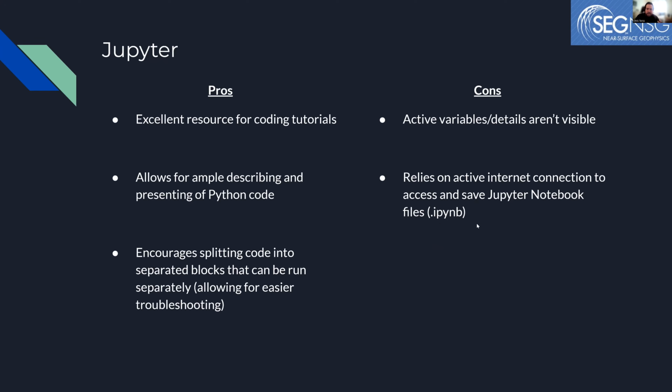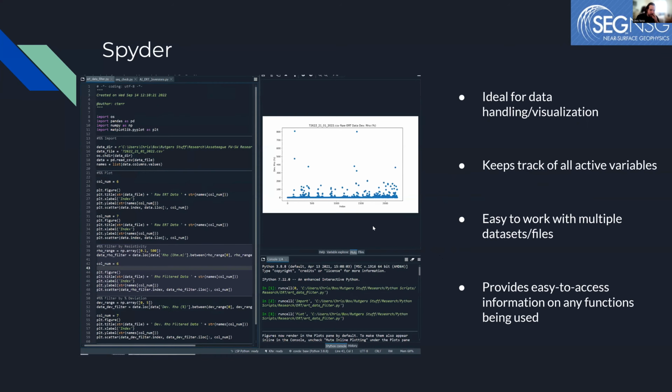It also struggles when you don't have an active internet connection, in terms of accessing and saving Jupyter notebook files. Joshua and Noah, I'm not sure if there's a way around that. I'm still relatively new to Jupyter notebooks, and I just know that's something that's given me trouble in the past. When they talk about it more, I'm sure they'll be able to say Chris was absolutely wrong about that. So we'll see. Spyder is another IDE that we'll talk about.